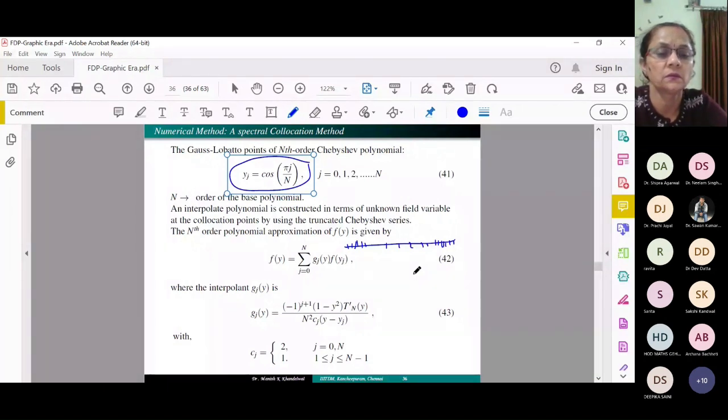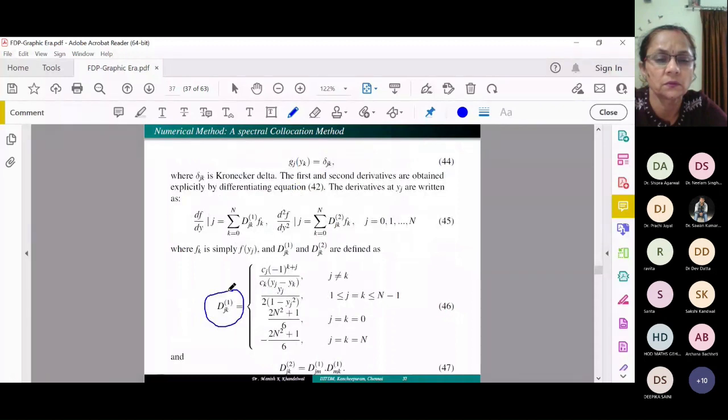But here I have used one particular type of collocation points in my research, and basically the approximation functions are Chebyshev polynomials. Based on Chebyshev polynomials and Gauss-Lobatto collocation points, we have developed a differentiation matrix D, and I hope those doing numerical simulations are not worried about this method. It is very easy.